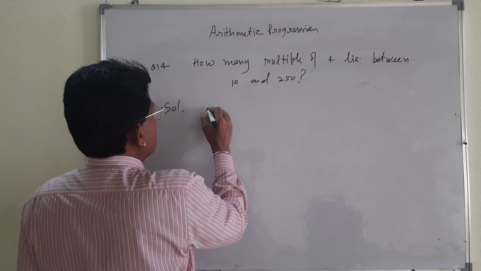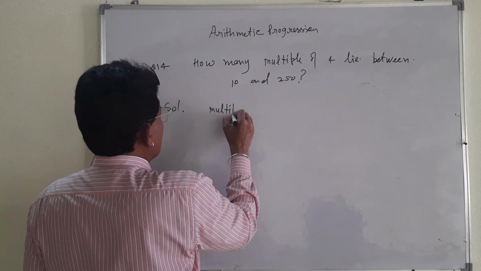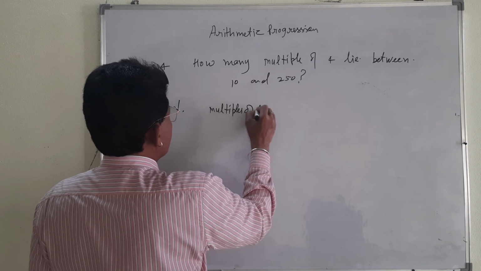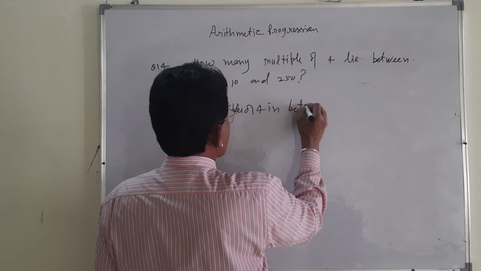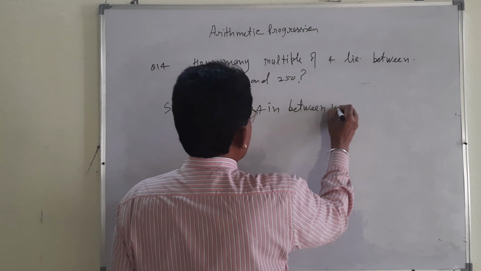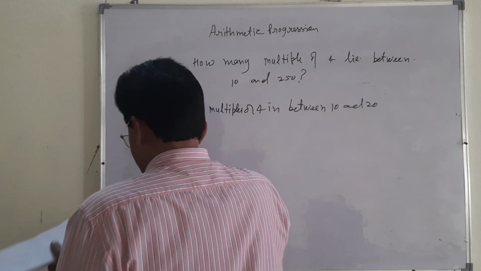Numbers that are multiples of 4 in between 10 and 250.